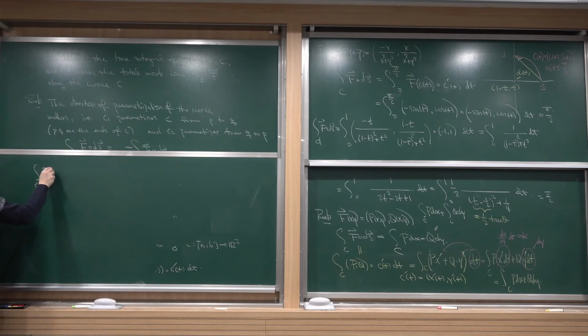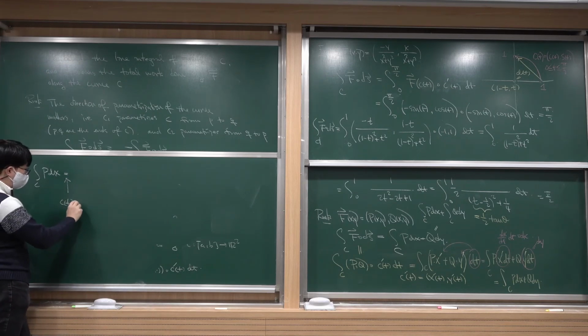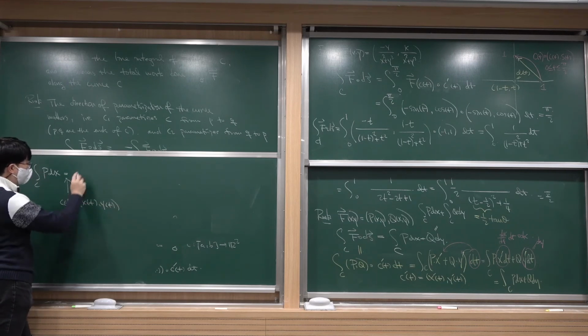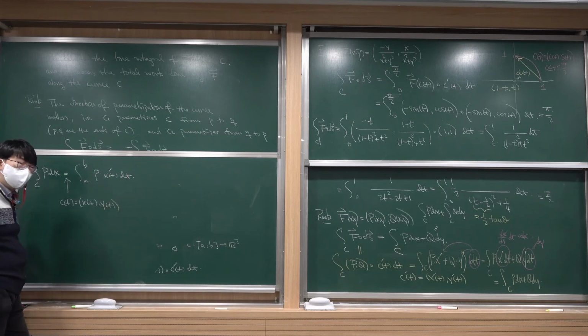If you are given this line integral, we are talking about the parameterization of C(t). Although C(t) is parameterized by x(t) and y(t), we're only talking about the x(t) part, x prime(t) dt.